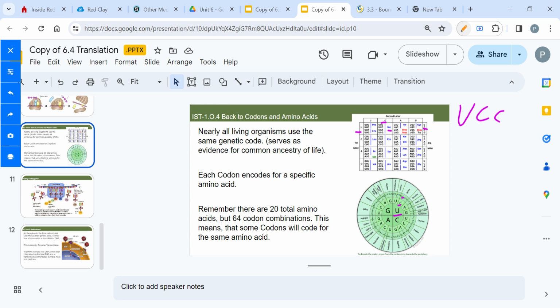Now, one thing you notice is that there are 20 different amino acids, but 64 combinations, because if you know UCC or UCG, you're still at serine right here. So there are many different codons that will code for the exact same amino acid.